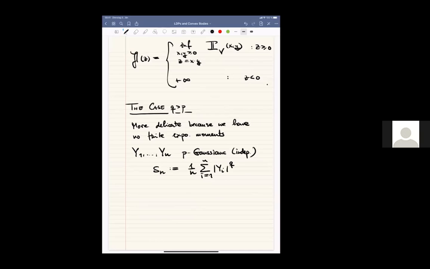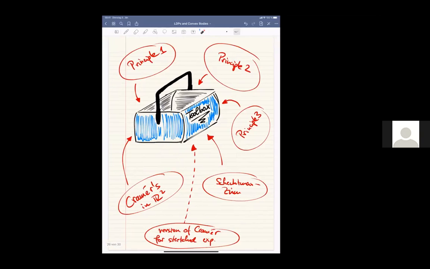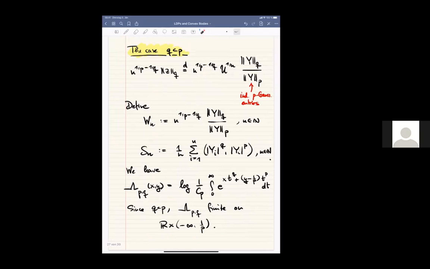So we will see that essentially this quantity determines the whole LDP. Remember, what we're actually looking at is this, right? And what I'm saying is that essentially this gives us the LDP if q is larger than p.